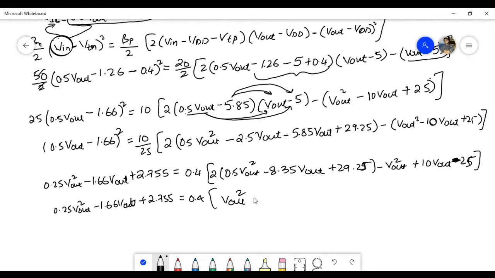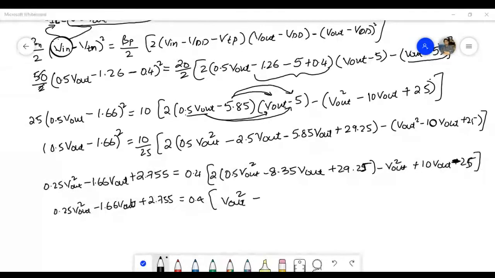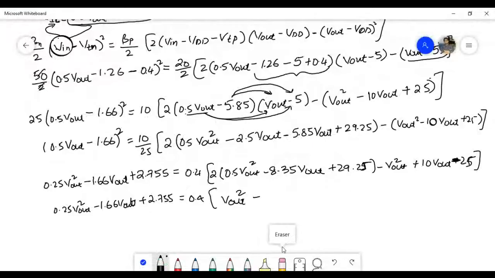Just multiply this, it will be 0.5 V out square plus 8.35 into 2 will be almost 16.7 V out, plus around 30, okay, 29.25 into 2, how much? 58.5 minus V out square plus 10 V out minus 25.